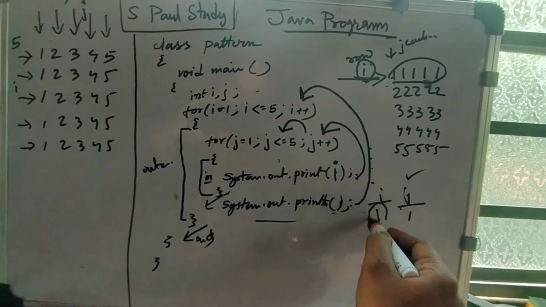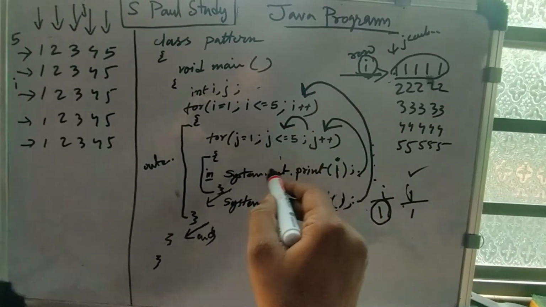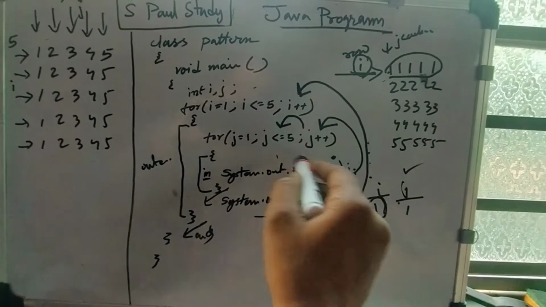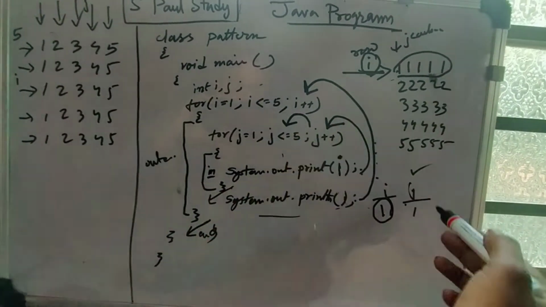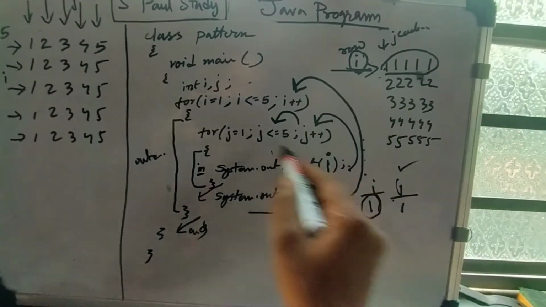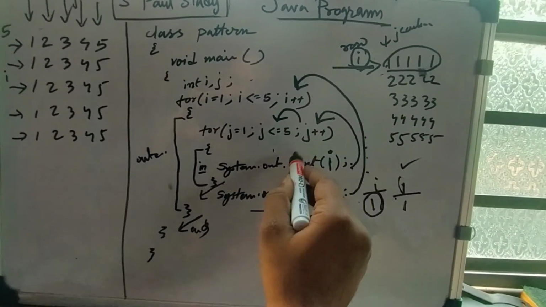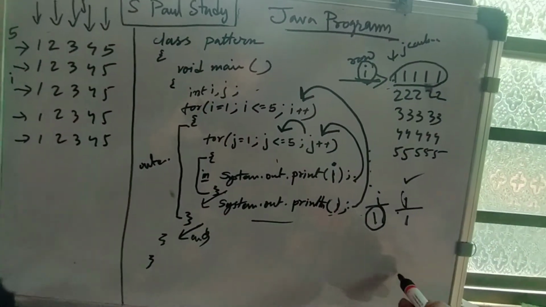Since I is always 1 until the end of this inner loop, j is 1, checks with 5, comes down, prints the value of I, which is 1. 1 gets printed.